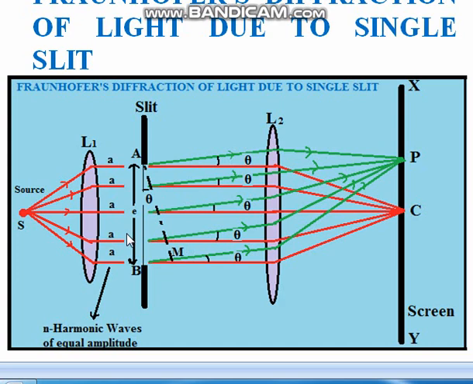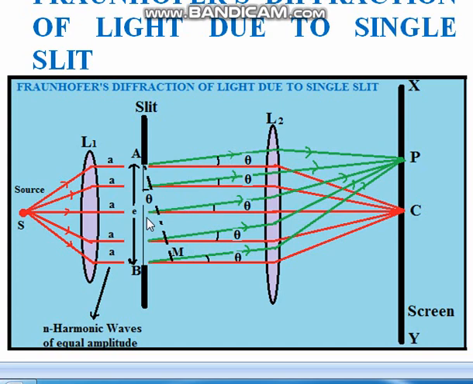The condition is that the source and the screen should be at infinite distance from the slit. So a plane wavefront is falling on the slit. Each point of the slit acts as a source of secondary wavelets.